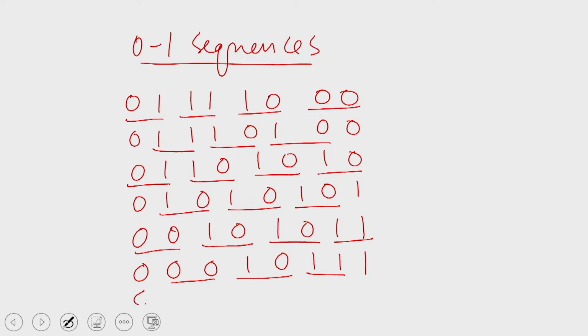At the next iteration, we have all the zeros at the left end and all the ones at the right end.